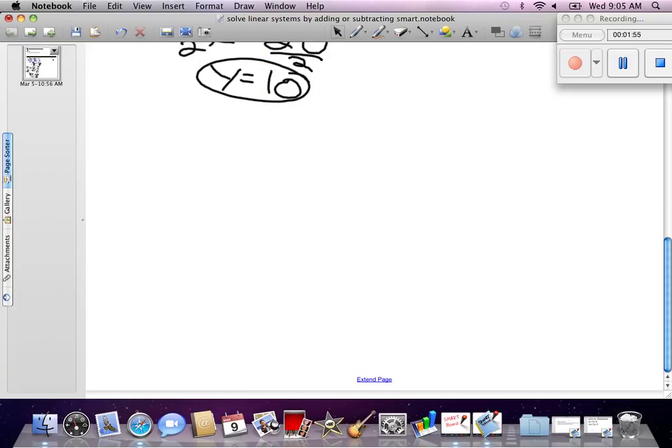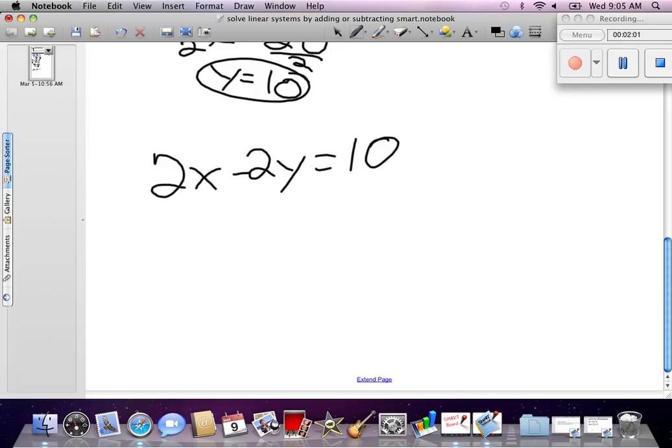Alright, so we're looking at number 2. We've got 2x minus 2y equals 10. And we've got 2x minus y equals 13. So let's start right here with Rakisha. If I added straight down, Rakisha, one of my letters disappeared.